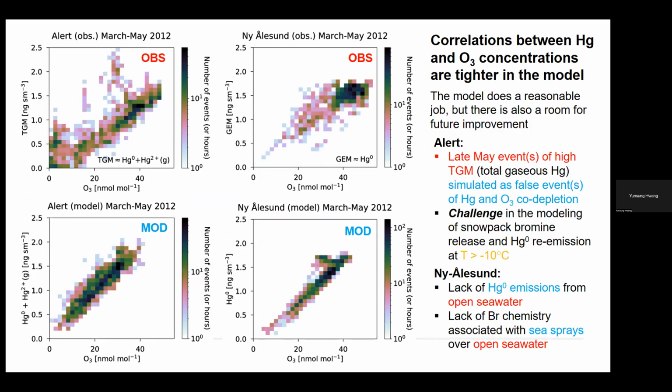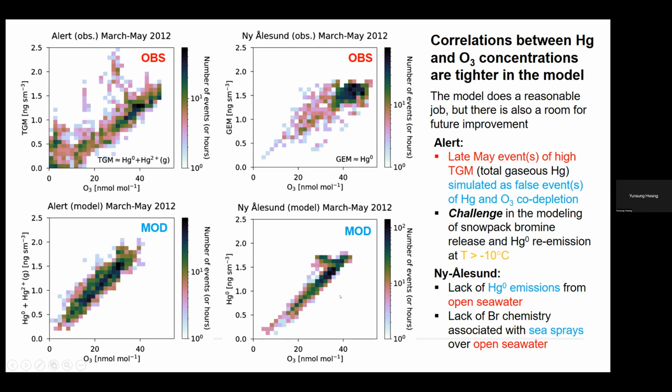So again, looking at this result in a different way, this is a density plot for the correlation between ozone and gaseous mercury concentration at Nielsen. The upper panel shows the observational data and the lower panel shows the model results. And this indicates nature is more complex than the model, because the model correlation is too tight.